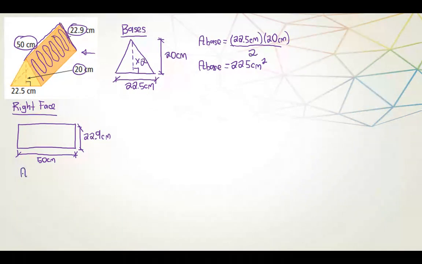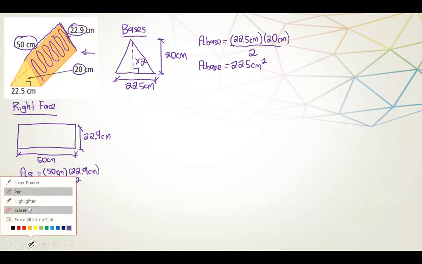So the area of the right face, let's abbreviate right with R. AR is equal to 50 centimeters multiplied by 22.9 centimeters. Let's plug this in. 50 times 22.9 would give me 1,145 square centimeters.